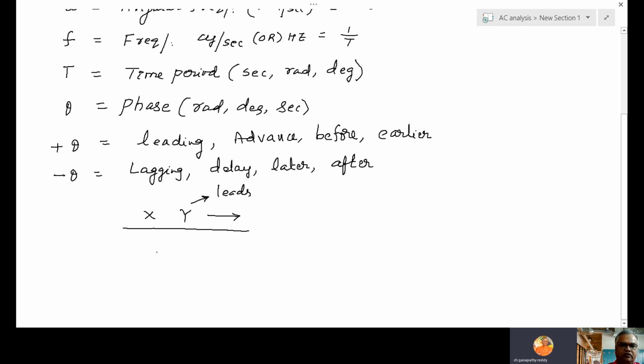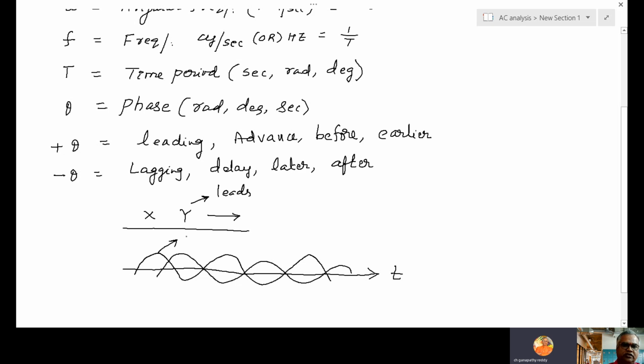But in the same way, you can't apply this concept on the signal. So this axis is time.